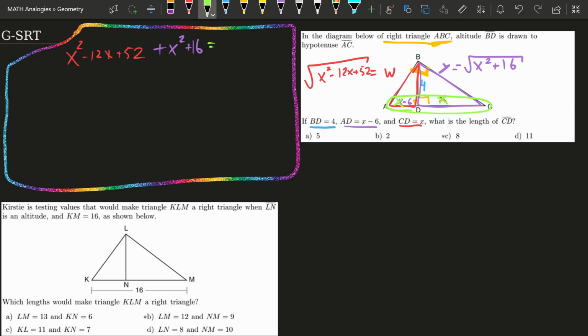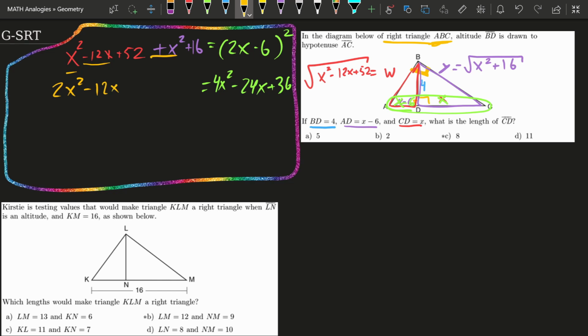There's one x, a second x, and then minus 6. 2x minus 6 squared, which if we FOILed it all out would be 4x squared minus 24x plus 36. So on the right hand side, we have 2x squared, we have minus 12x, and plus 68.